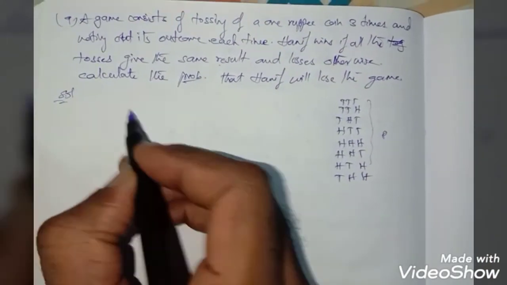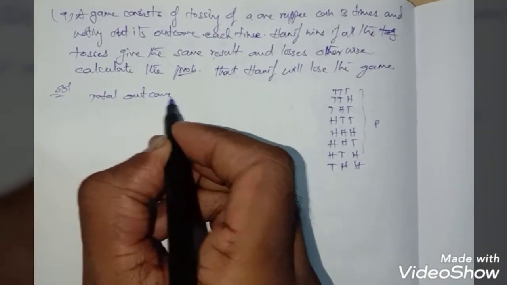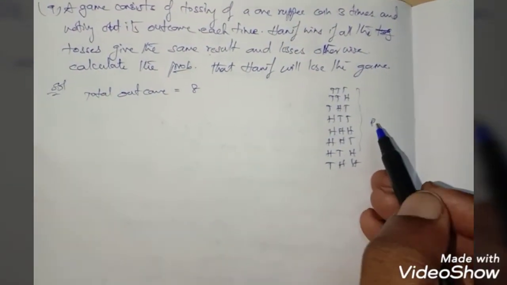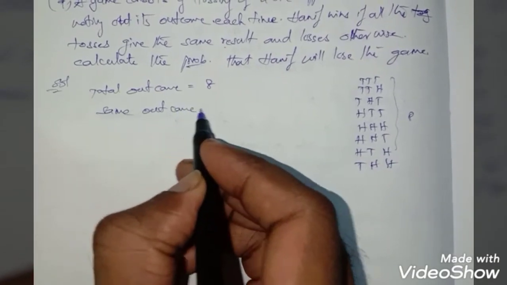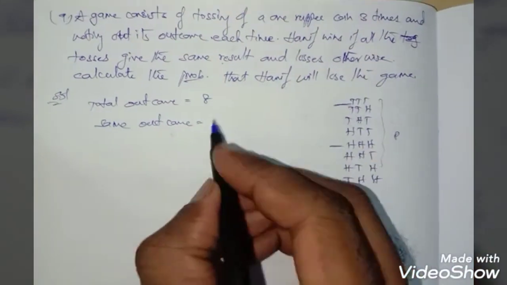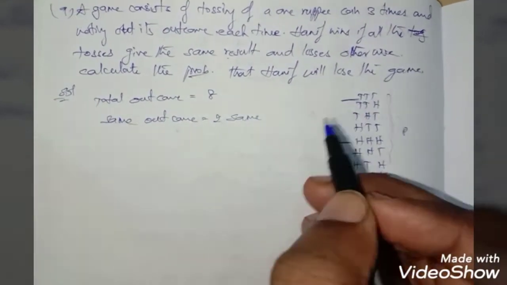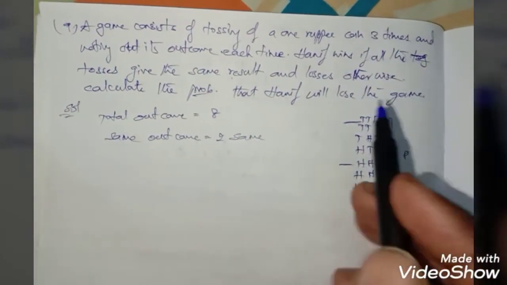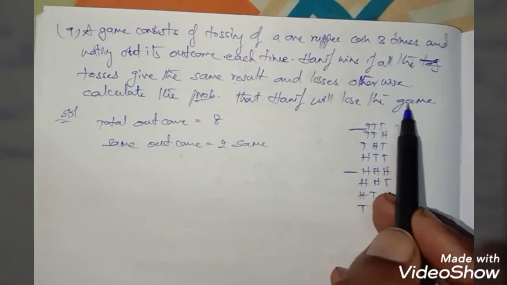Now how many total outcomes will you have? Total 8 outcomes. Here the total outcome is equal to 8. In that, how many same outcomes are there? Here one same, here another same. So a total of 2 same outcomes. Right. Next, what did they ask? Calculate the probability that Hanif will lose the game.